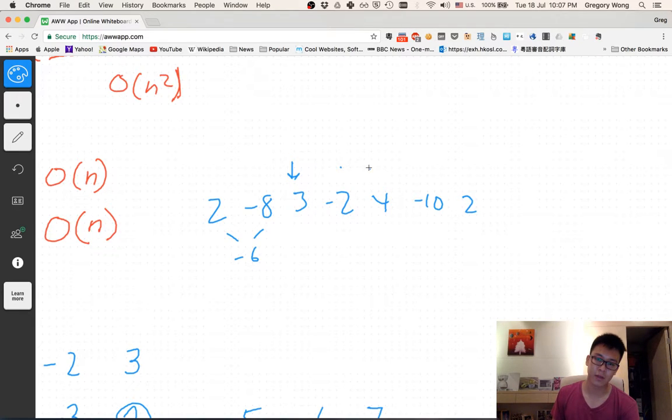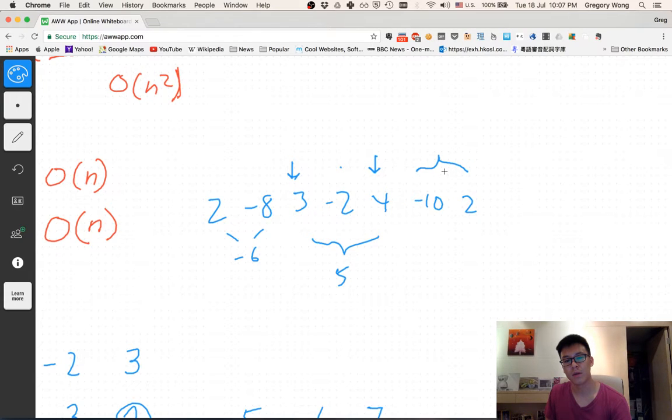So I'm going to look at the next number, 4. And I know this is 5 now, so keep that in mind. I'll look at the next pair. That is -8, so it's not worth keeping.